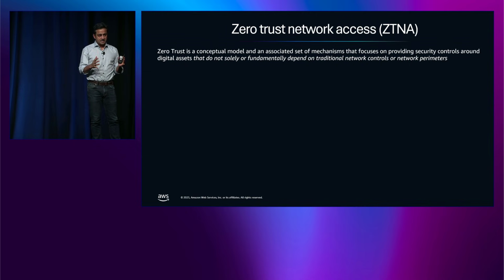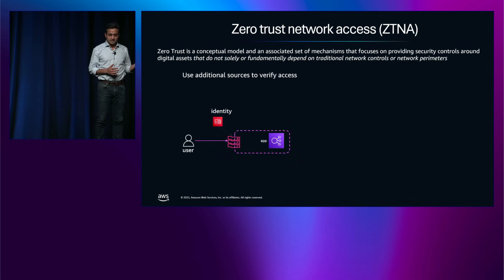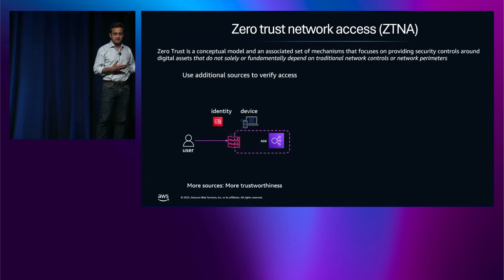First, we say that apart from network location, you should use non-network based signals to provide access to a resource or to a network. So in the case of Secure Shop, they can use identity as a non-network signal. They can also use device posture. The more signals you use, the better the trust authentication mechanism becomes, and the better your security posture becomes.